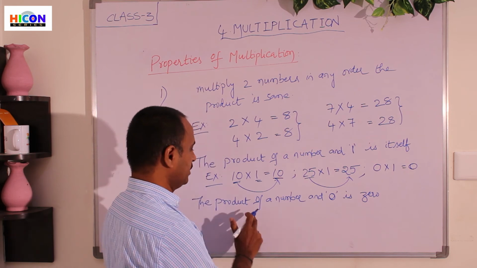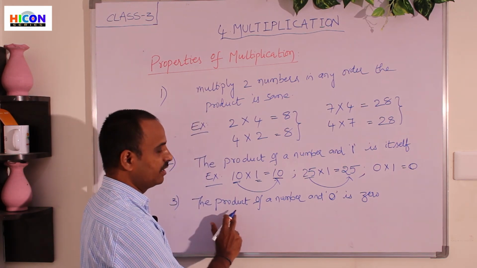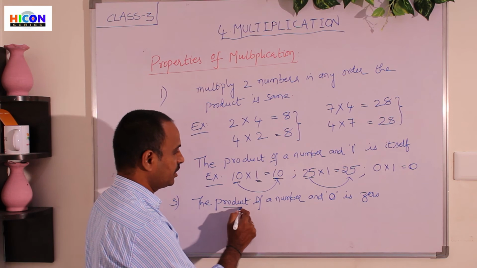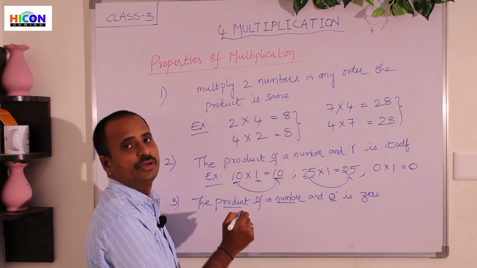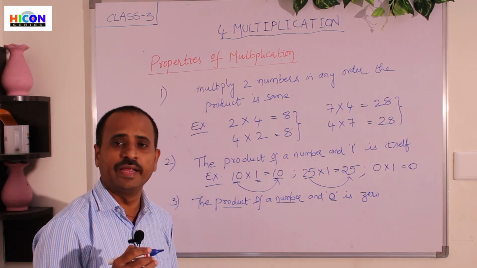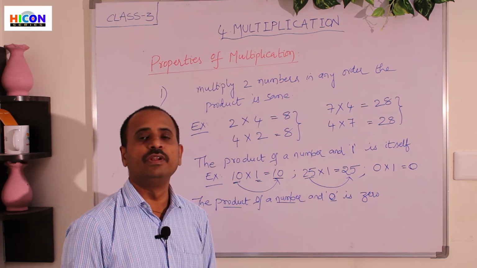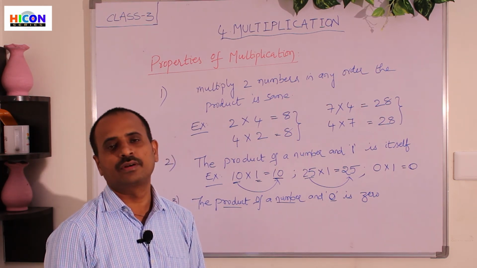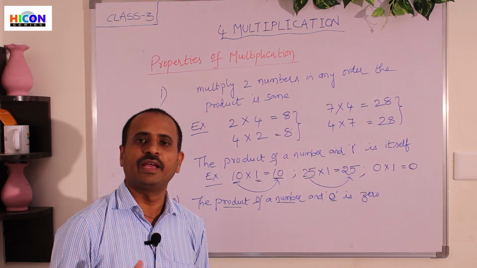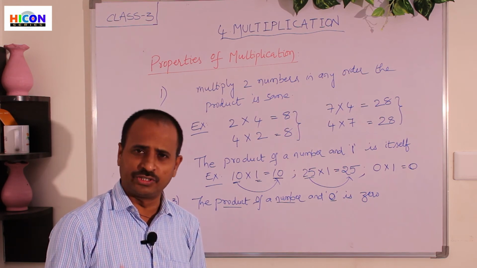So children, remember this property. So what is the meaning of this property? The product of a number and 0 means if you multiply any number with 0, you will again get 0 as the product.